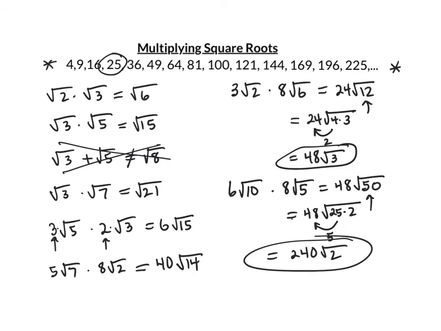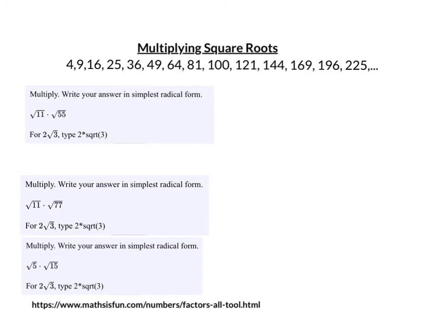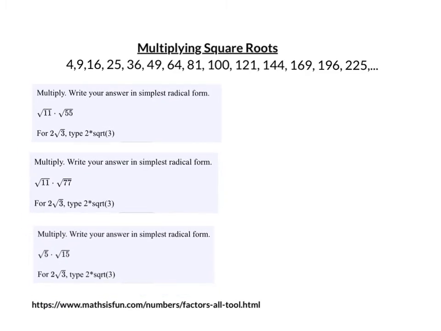I'll put some examples in a moment here, right off your assignment. These are from your assignment today. Root 11 times root 55, root 11 times root 77, and root 5 times root 15.